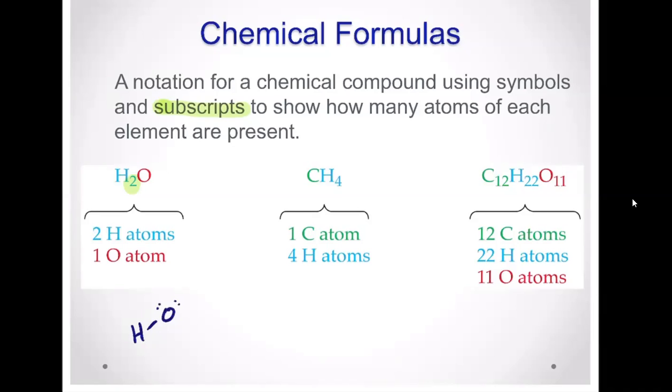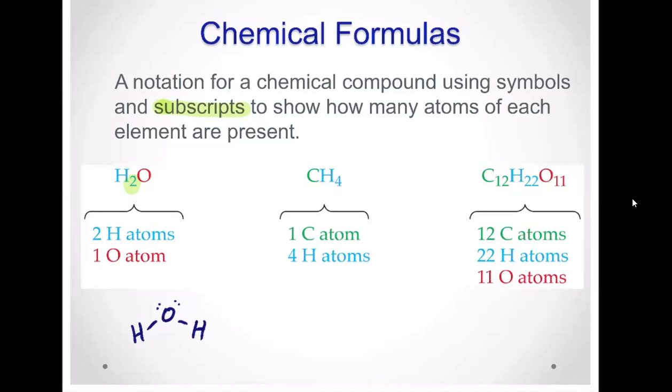You'll learn how to do this later. So in a water molecule, there are 2 hydrogens, that's for the 2, and 1 oxygen. We don't write the 1; we assume it to be 1 if there's no number there.